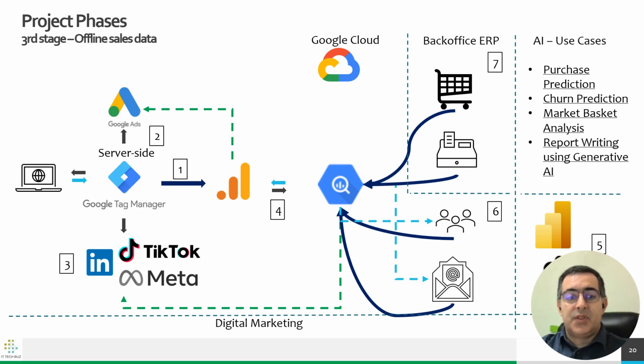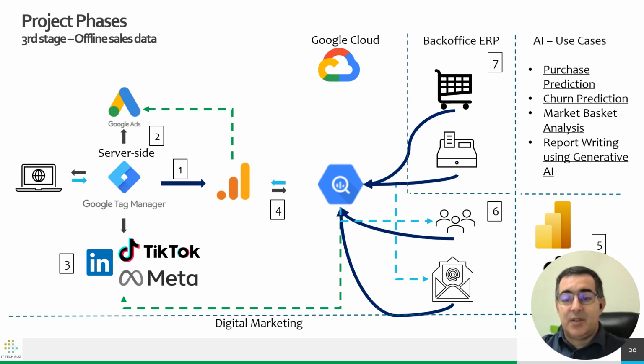Okay, so the third stage is to take the offline sales data to BigQuery as well. This is only one way because it's not interesting to send data from BigQuery back to the back office ERP data, but we have our data lake here and all close to the data lake. And you can start on every stage.